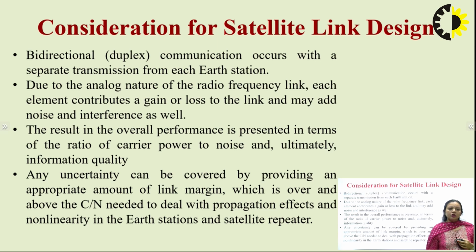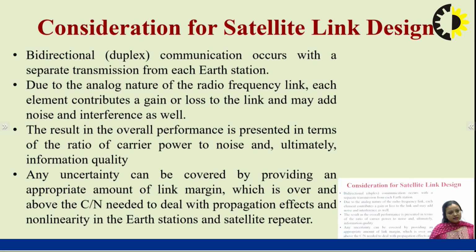Now, due to the analog nature of the radio frequency link, each element contributes a gain or loss to the link and may add noise and interference as well. Like I have already mentioned, there can be losses associated with the transmitting antenna and the receiving antenna. The overall performance is presented in terms of the ratio of carrier to noise power and ultimately the information quality. Any uncertainty can be covered by providing an appropriate amount of link margin.